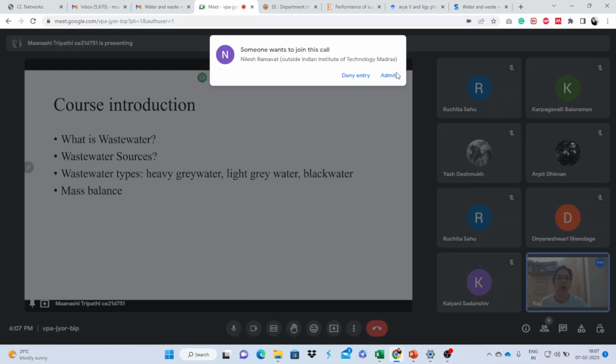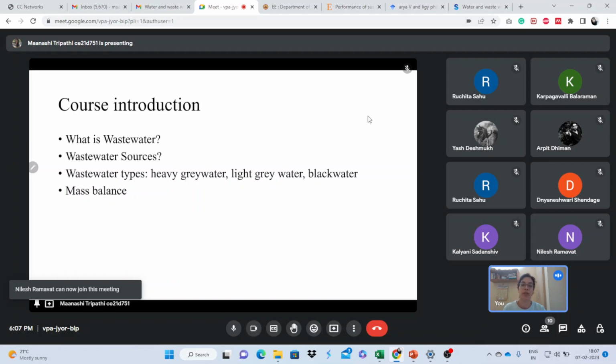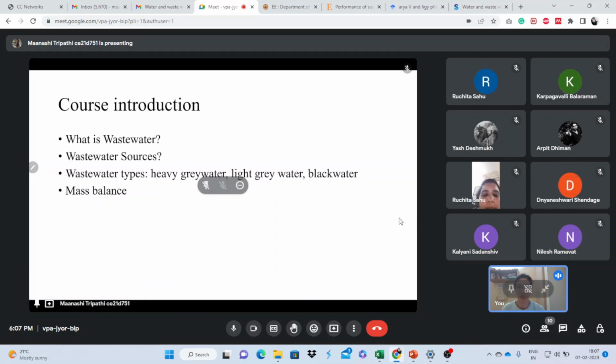Since this will mostly be a discussion class, you can either speak in class, or if you want, you can put any inputs in the text itself. You can use the message window and give your inputs. That will be very good. So talking about water sources, it can be domestic, it can be industrial. Are there any other water sources?